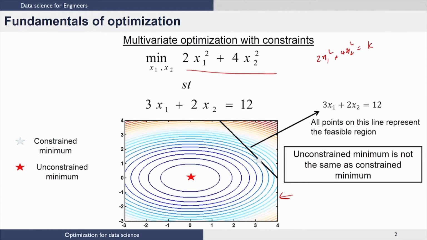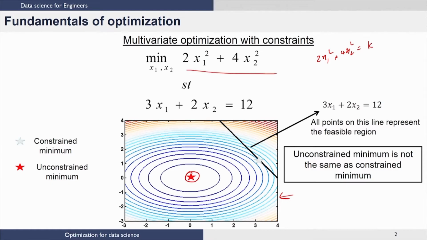The objective value at that point is also 0, which is what is shown here in this point right here. So, if I had no constraints, I would say the optimum value is 0 and it is at 0 0, the star point here. Now, let us see what happens if I introduce a constraint.